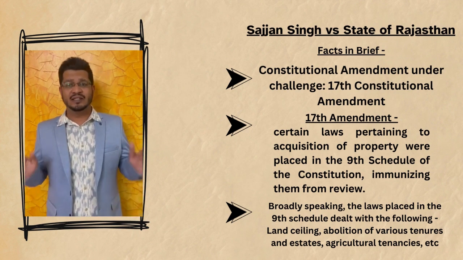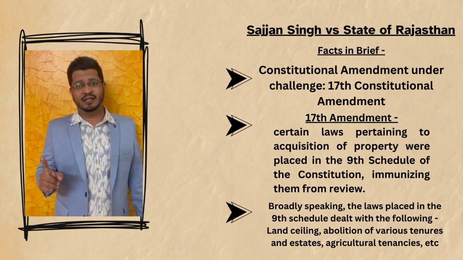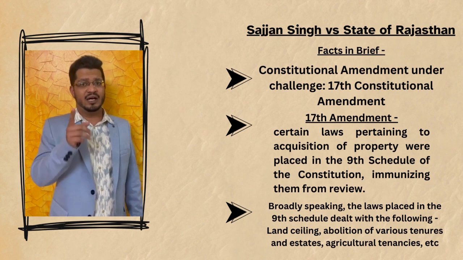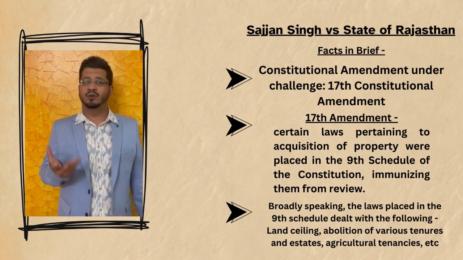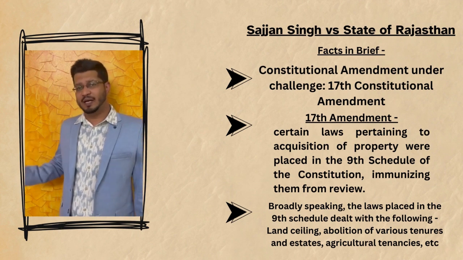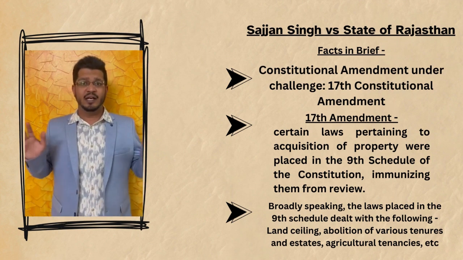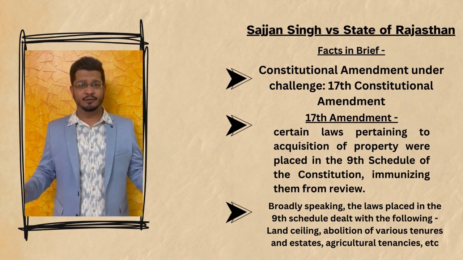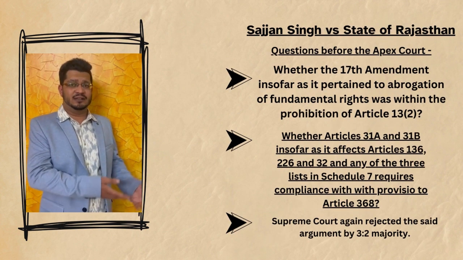You cannot challenge the order made under Act number 1 of 1950 of acquisition of your land before the High Court or the Supreme Court. Why? Because Act number 1 of 1950 has been placed in the 9th schedule of the Constitution, making it immune from judicial review. Now, let us turn back to the case of Sajjan Singh.